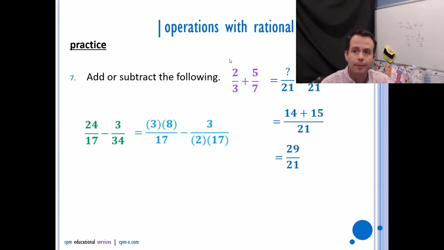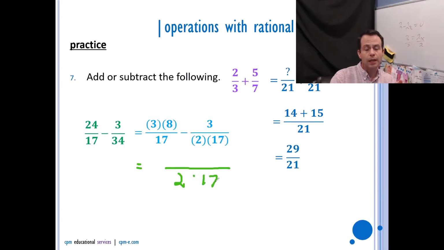Now, if I want a common denominator here, I just need one of every factor that I see. So I need a 2 and I need a 17. I don't need a 17 twice. Okay, 17 is already common to both of those fractions. That's kind of the point I'm trying to make here. That's what I want you to see. Okay, there's no point in putting the 17 down twice. It's just already common to both.